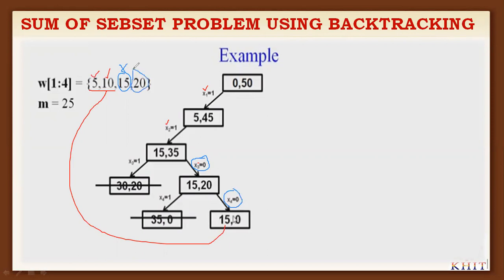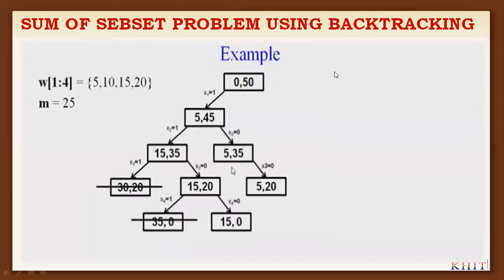So out of 4 elements, you have taken 2 elements only. So the total sum is 15. No item is left over, total weight is 0. So even if you consider this, I was not getting the proper solution. 15 is less than 25. Hence, no need to kill the node and we need to keep on constructing the tree.